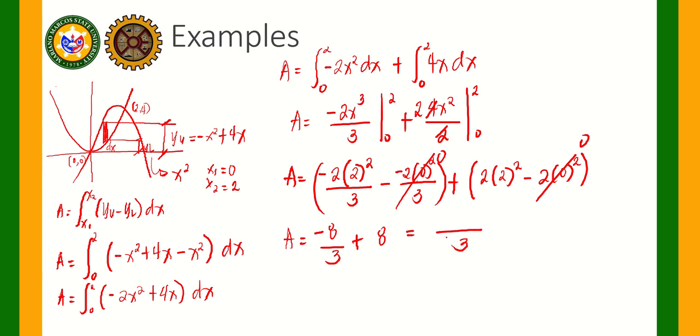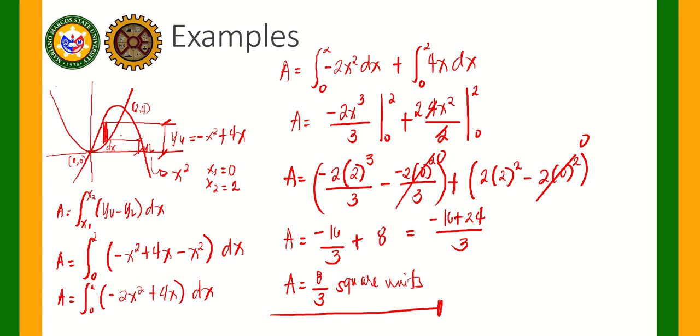And this is equal to over 3, negative 16 plus 24. That is equal to 8 over 3 square units. So, this is the area under the curve.